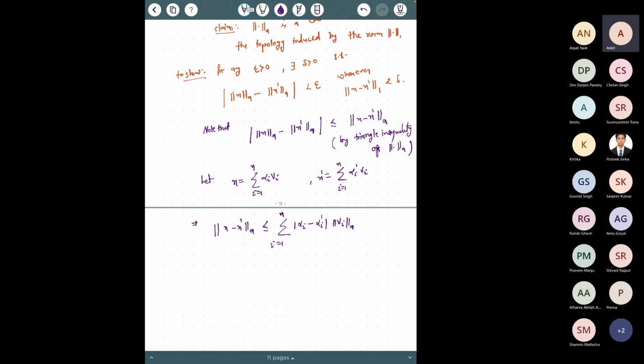But now, can you tell me how to find delta using this information? We are trying to find delta for a given epsilon. You can fix an epsilon here. Can you tell me how to do that from here?